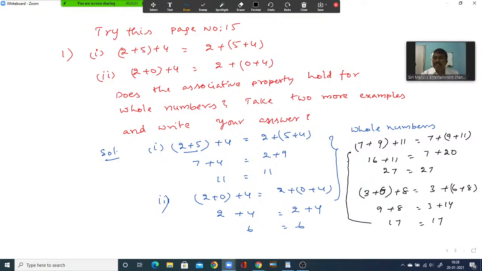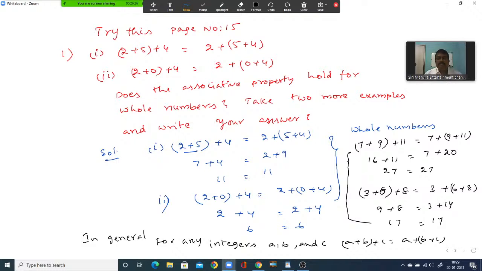So in general for any integers a, b and c, a plus b plus c is equal to a plus b plus c.